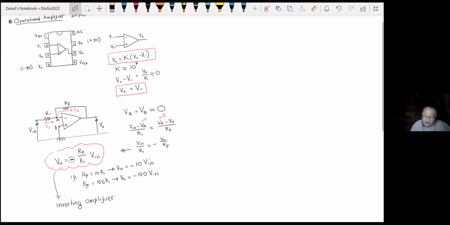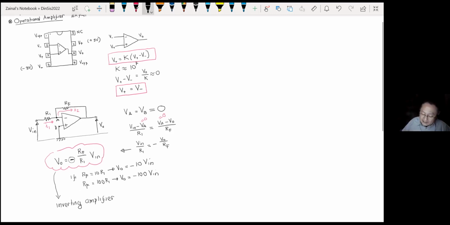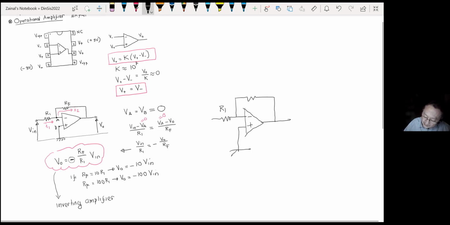If you don't like this one, just do something like this and the problem is solved. This one is R1, this one is Rf, this one minus, this one plus connected to the ground.